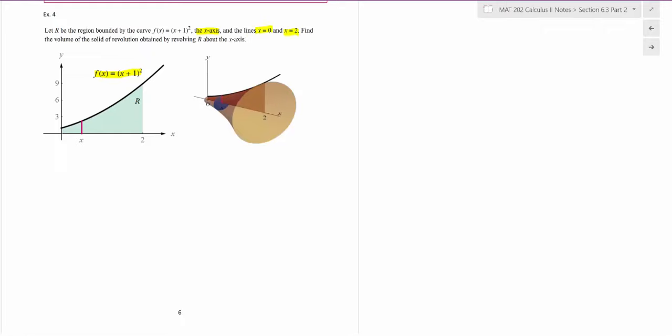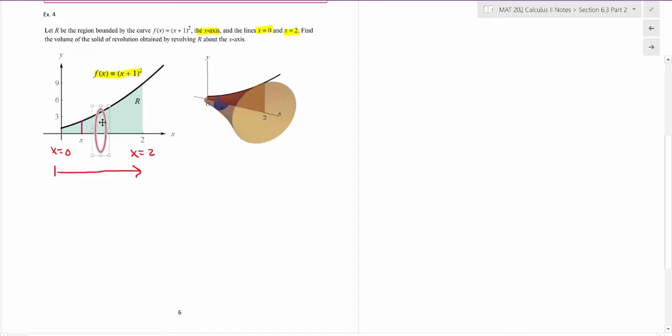So x equals 0 is there, and x equals 2 is there. So you're going to be integrating, summing your disks, from 0 to 2. And if I go through and sketch out a circular region right here, I'm going to put a little disk, trying to get that fairly accurate.